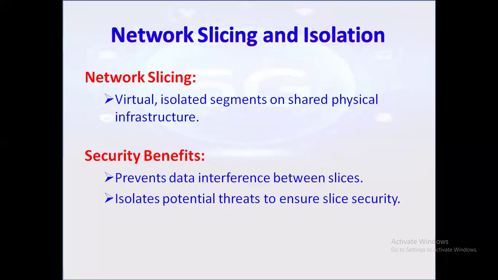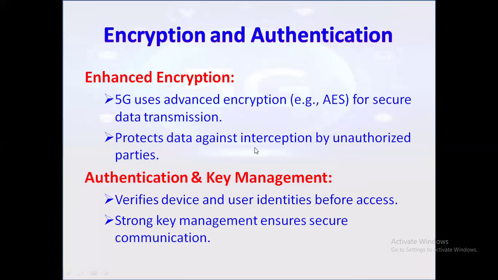From a security perspective, this isolation provides critical advantages. It prevents data interference between slices, ensuring that the data in one slice remains secure even if another slice is compromised. Furthermore, it isolates threats within individual slices, reducing the risk of cross slice attacks and improving overall resilience of the 5G network.